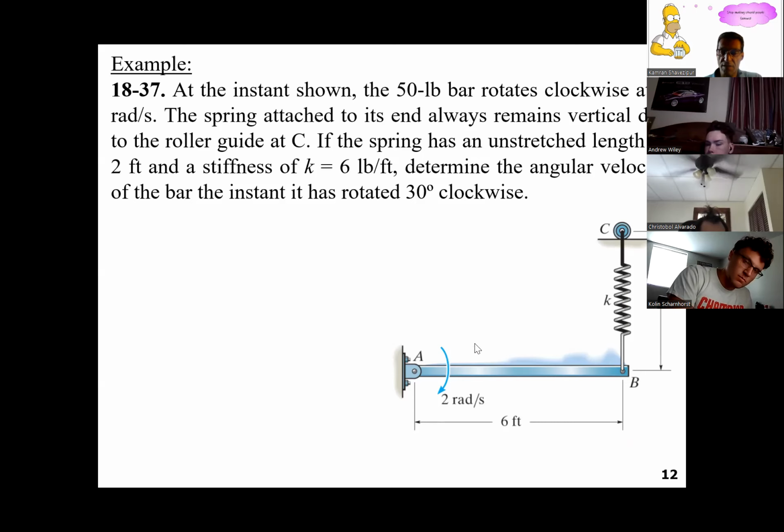The stiffness of the spring is given. This has initial velocity, it is not released from rest. If the problem says it is released from rest, then all kinetic energy values are 0, but because this rotates, it has kinetic energy. The problem asks to determine the angular velocity of the bar when it rotates 30 degrees clockwise, so it goes down 30 degrees. Let's draw this and see how it goes.